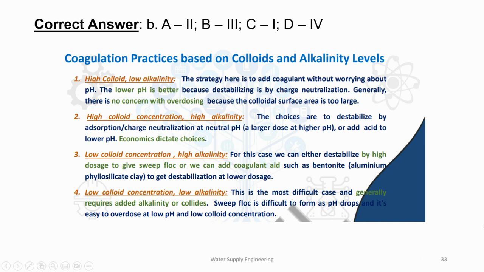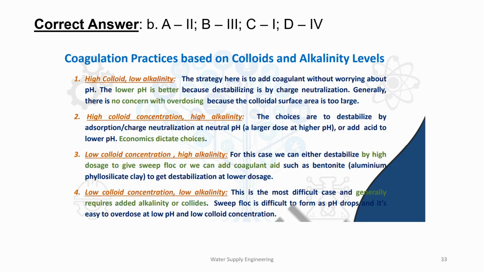That is, if it is high colloid and low alkalinity, then we can add coagulant without a worry of pH, because low alkalinity or lower pH is better because destabilizing is by charge neutralization. So overdosing problem does not arise because the colloidal surface area is too large.